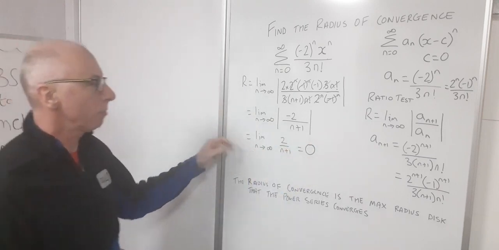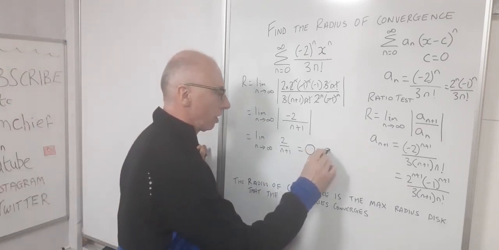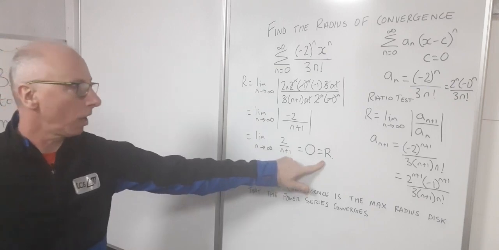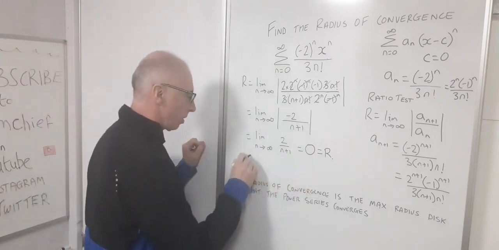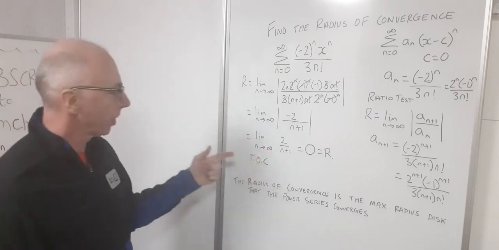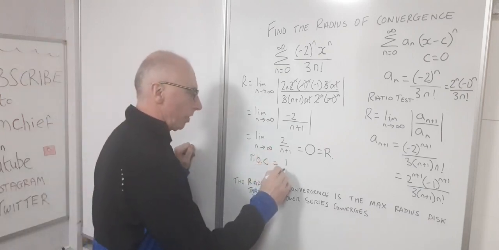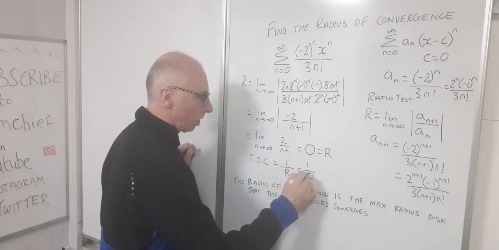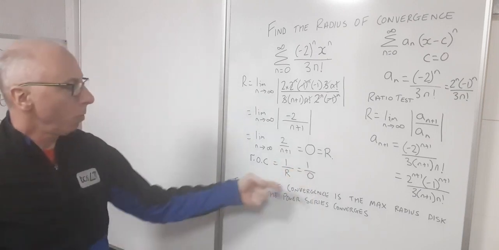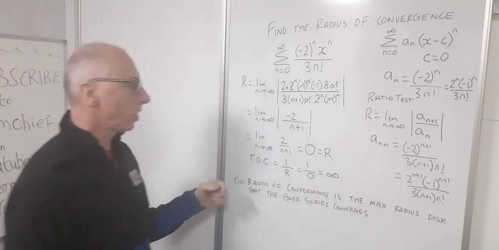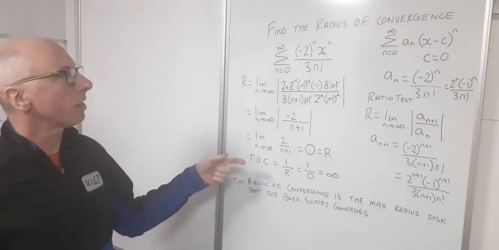So that gives me my R. Now my radius of convergence is the reciprocal of R. So if I write this here as ROC, radius of convergence, this is 1 over R, which in this case is 1 over 0. Well, 1 over 0 we know is infinity. So in which case the radius of convergence is infinity.